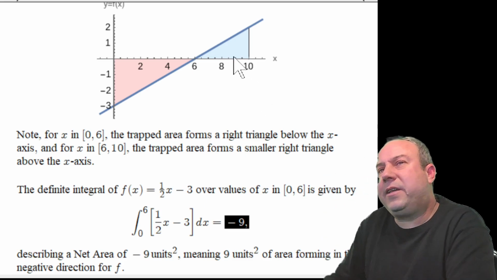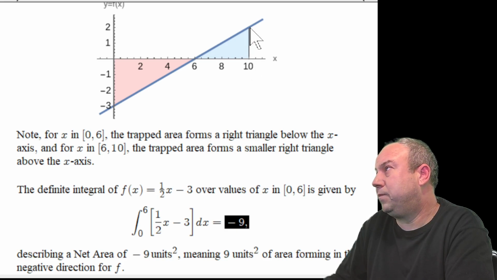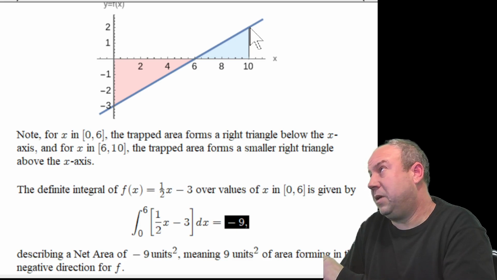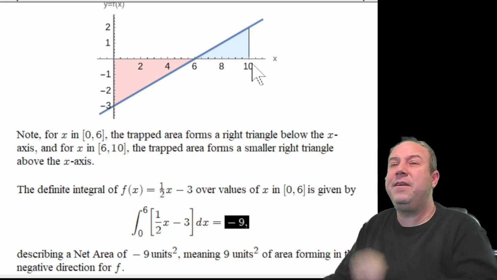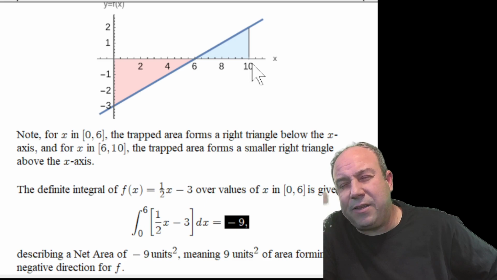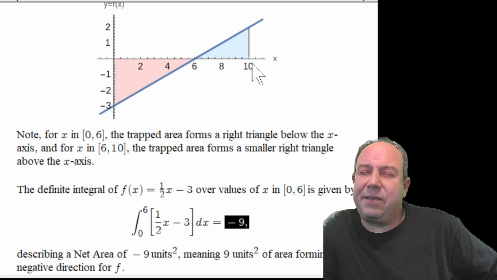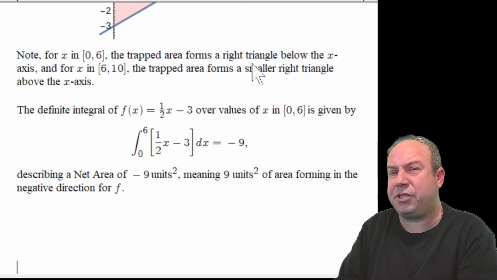Now, if we calculate the area of the blue triangle, it has a base of 4 and a height of positive 2. Positive because over here on this side, from 6 to 10, function f is above the x-axis. So if we have a base of 4 and a height of 2, that gives us 8 when multiplied together. Cut that in half, and we should have that triangle measure 4 units squared in the positive direction.